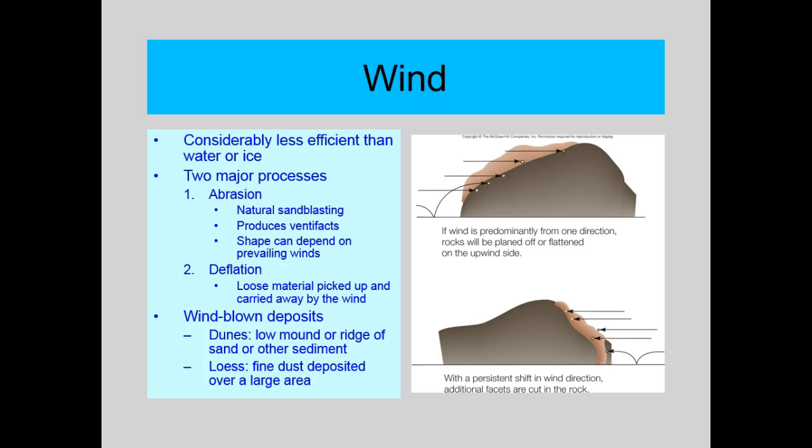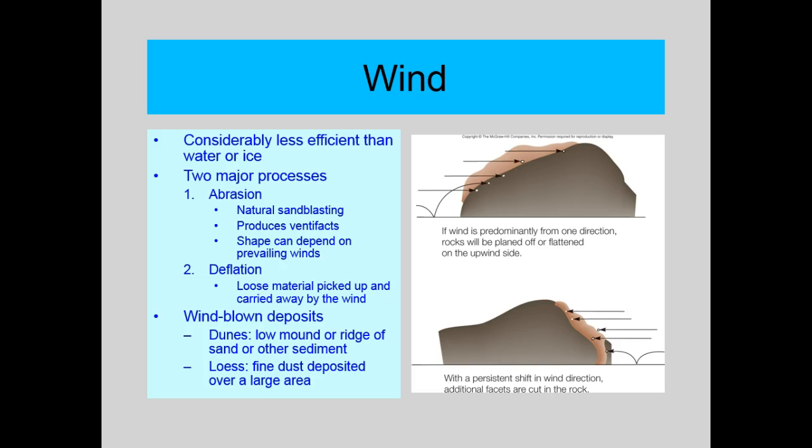The shape will depend on the prevailing winds, and that's what I just was describing. So there's the first one, abrasion. The wind is blowing particles, usually sand particles, against the structure, whatever it is, the rock, whatever. The second is deflation. The loose material that is knocked off then is picked up and carried away by the wind. There's your transport.